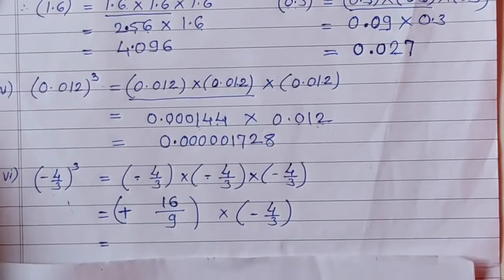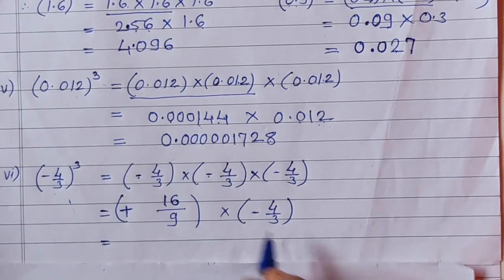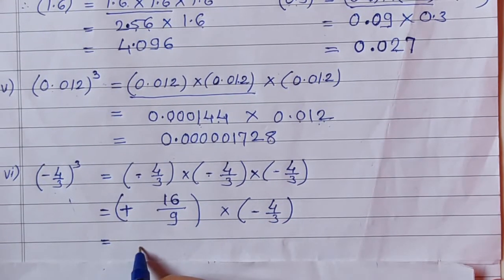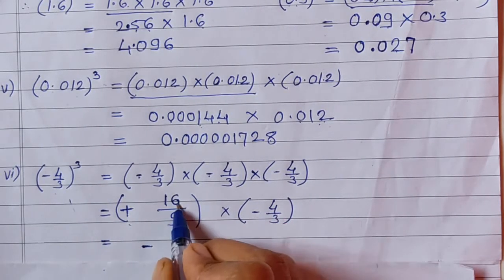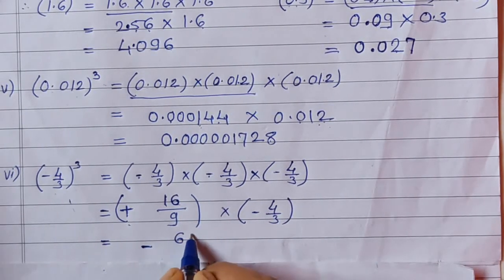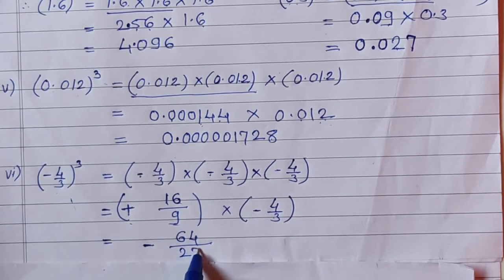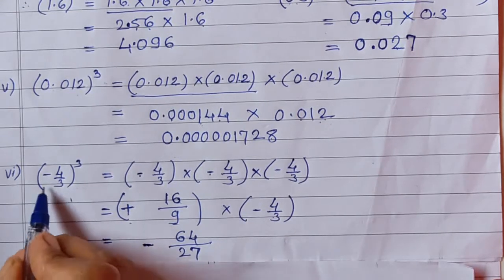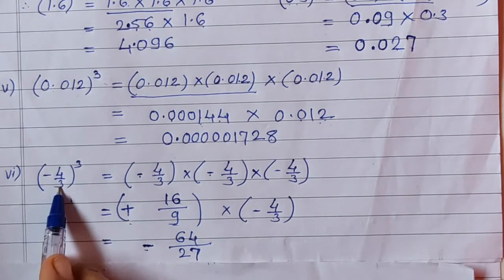Now multiply again with the symbol, plus into minus is minus. You know 16 4s are 64 and 3 9s are 27. So here you get the minus symbol. So this is the answer of minus 4 upon 3 cube.